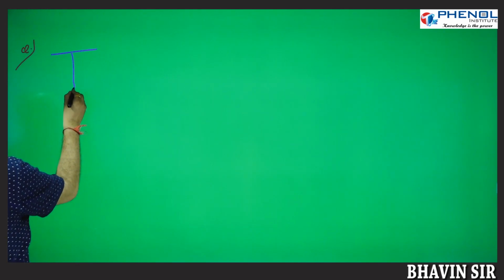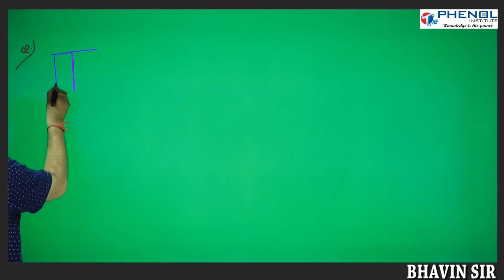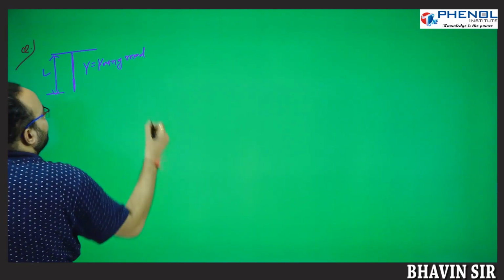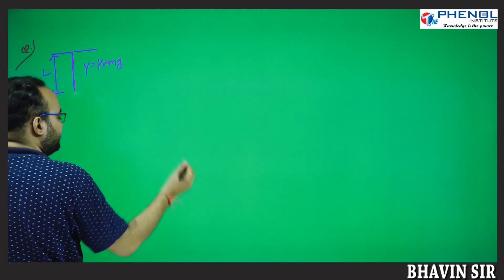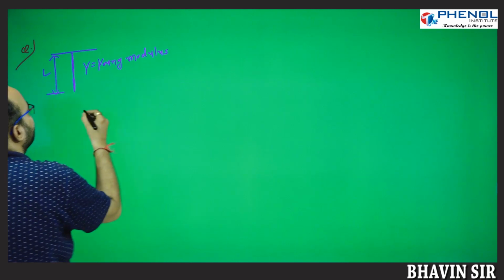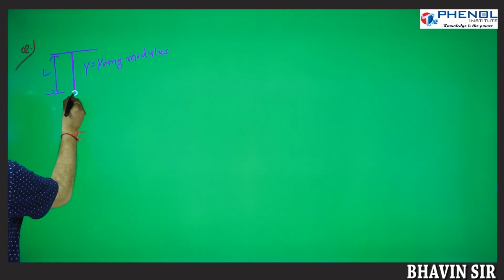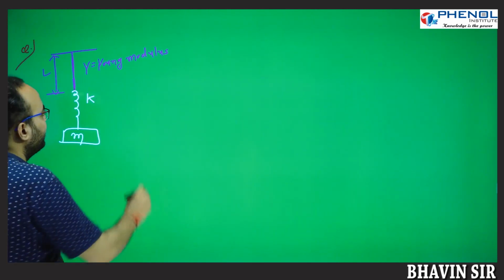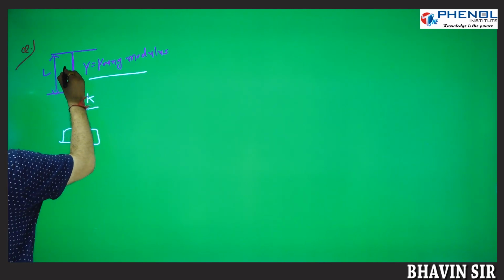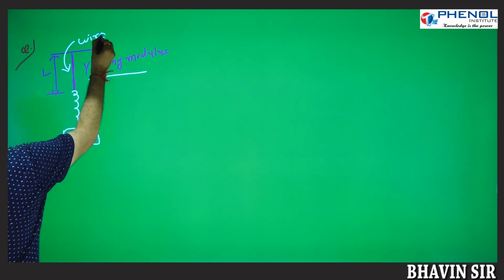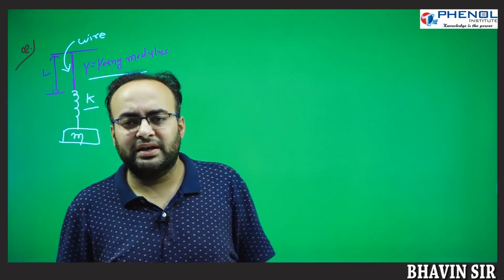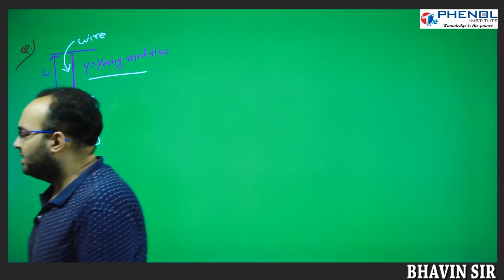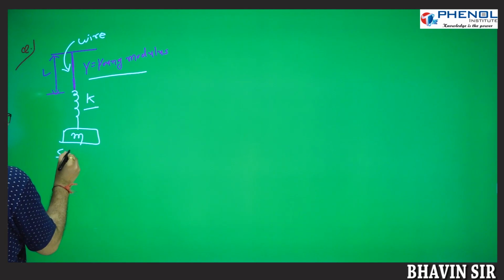First, the length of wire is L. The Young modulus of wire is Y. Now this wire is connected with a spring of spring constant K and with a block of mass M. Wire and spring both are connected with the block of mass M, and again it performs SHM.